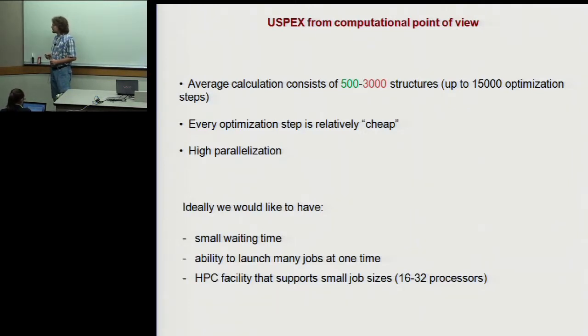However, there are some requirements for hardware. First of all, we need a small waiting time and the ability to launch many jobs at one time. And third, it can sound quite strange, but we need a facility that supports small job sizes, because we encountered a really strange situation when we started to work with Blue Gene in Stony Brook.